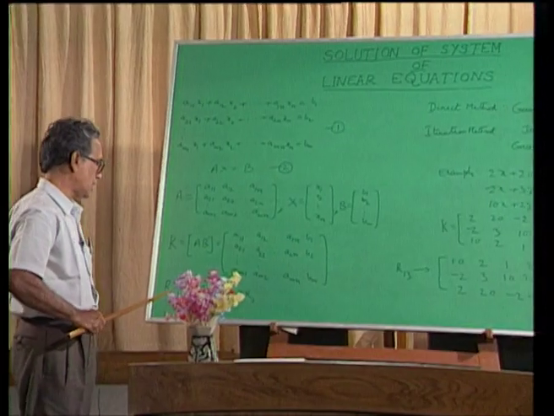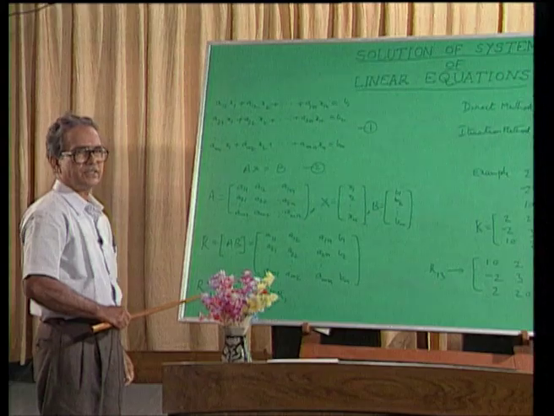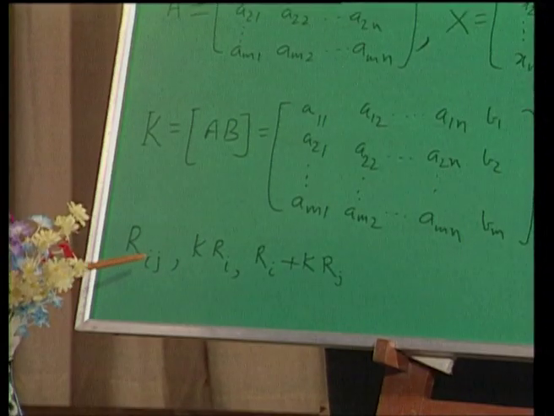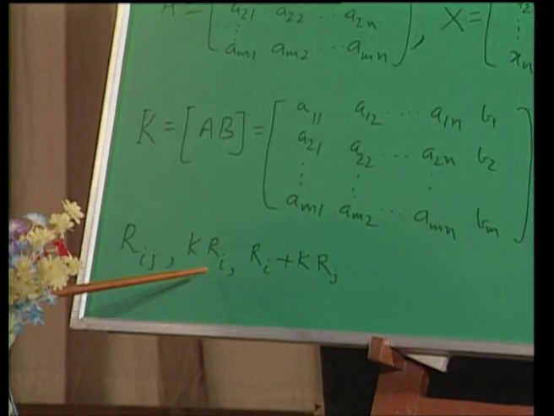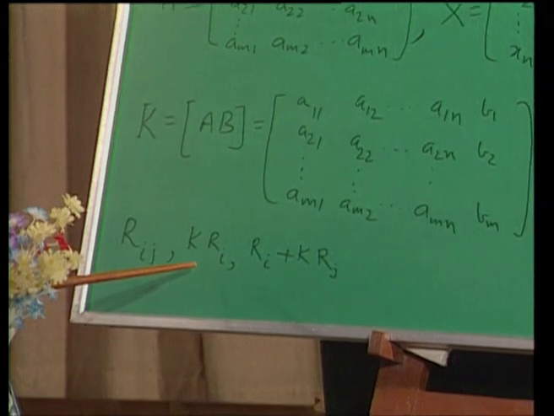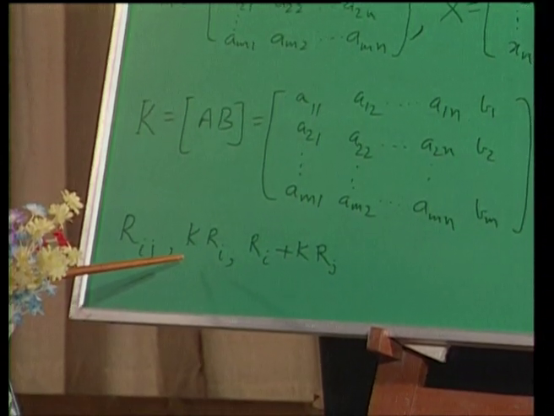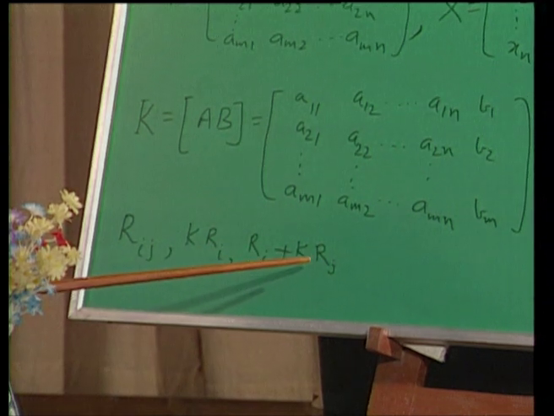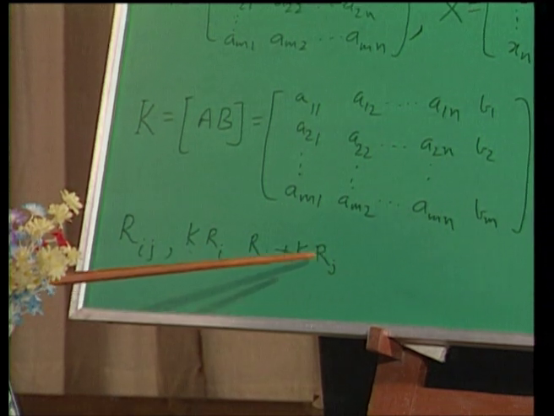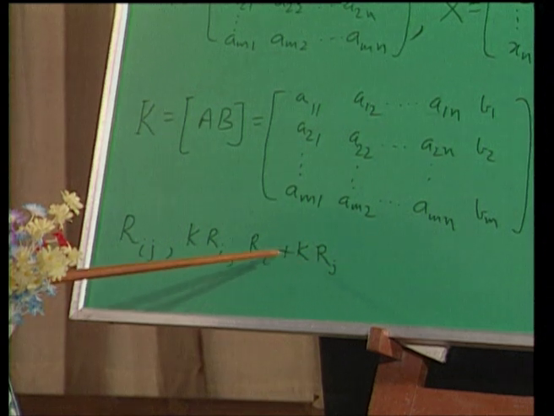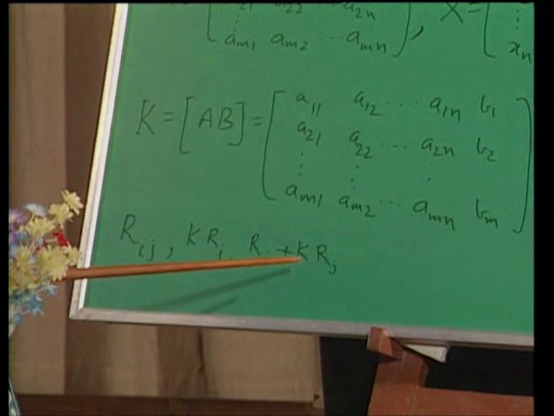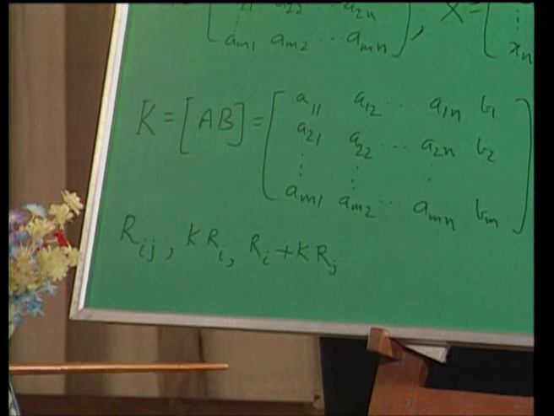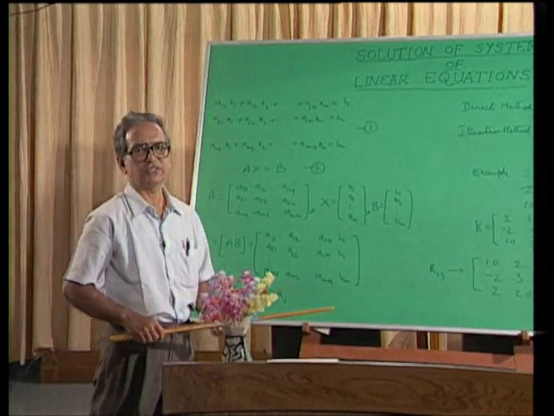For example, Rij stands for the interchange of the ith row and jth row. k times Ri stands for multiplication of all the elements of the ith row by a non-zero constant k, and Ri plus k Rj stands for the jth row being multiplied by k and added to the ith row to obtain the new ith row. These are the elementary row operations.